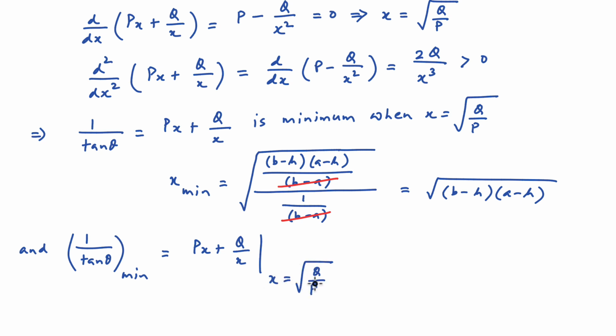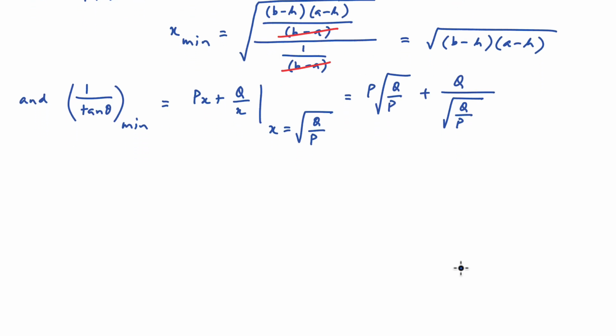This is equal to p times the root of q upon p plus q upon the square root of q upon p, which is equal to root pq plus root pq, which adds up to 2 times root pq.